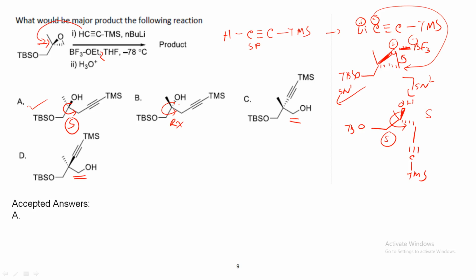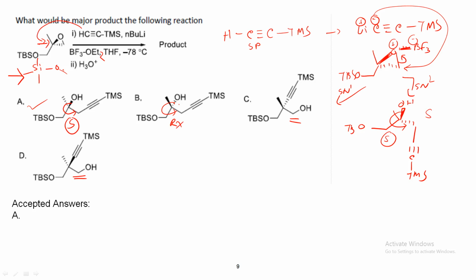OTBS is already a very bulky group with methyl. OTBS group is this: tertiary butyl with dimethyl silyl, which is very bulky. So attack from this side is absolutely impossible, and the only thing possible would be formation of compound A.